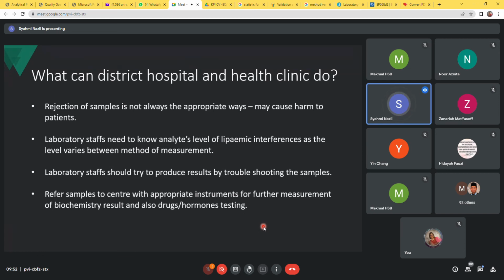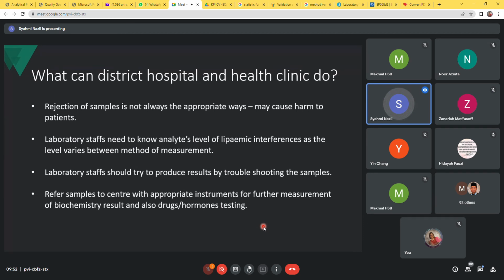Lab staff need to know the analyte's level of lipemic interference, as the level varies between methods of measurement and between analytes. That's why you need to check carefully in the product insert the level of lipemic interference of each analyte. And lab staff should try to produce results by troubleshooting the samples.